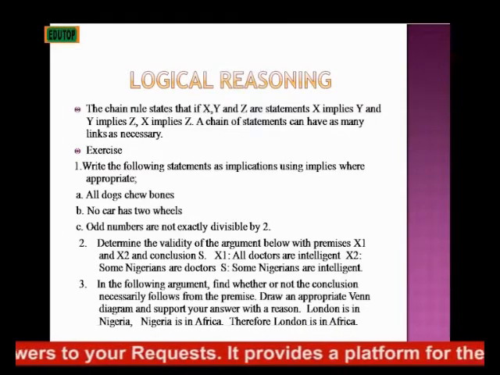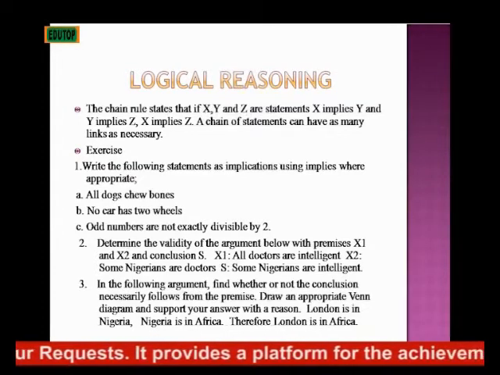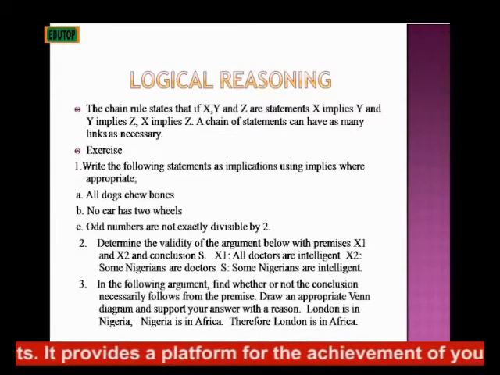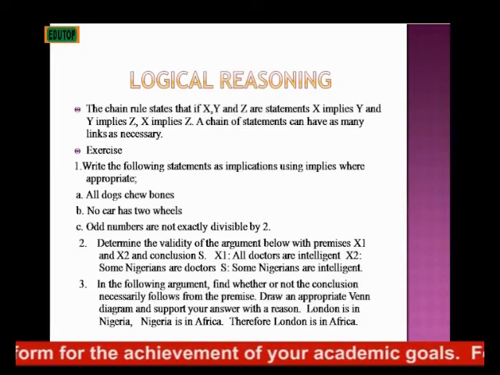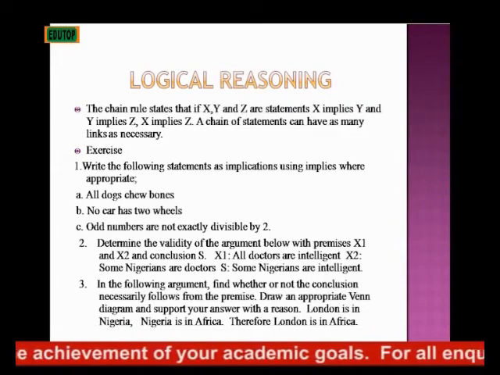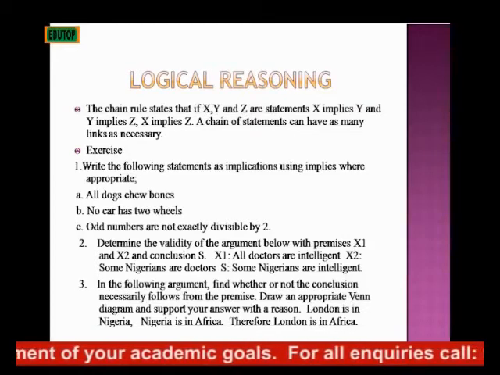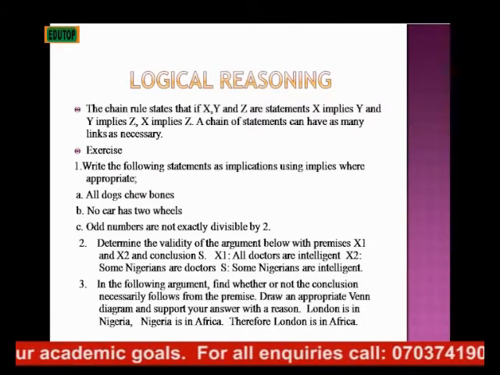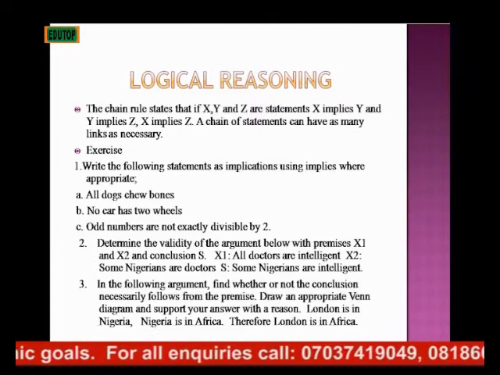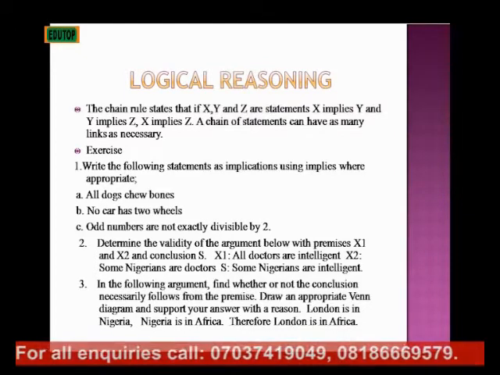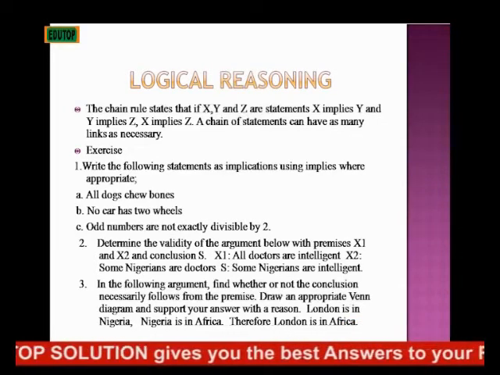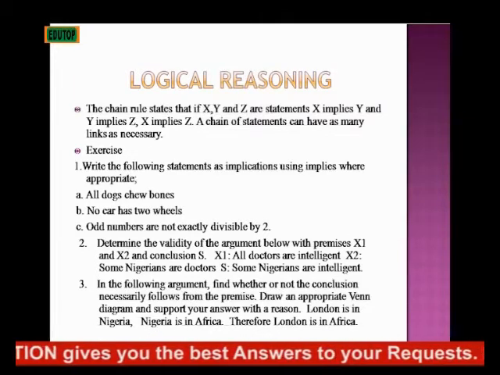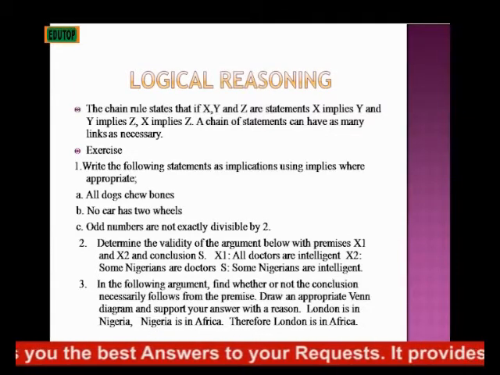X2: some Nigerians are doctors. Then X3 states that some Nigerians are intelligent.